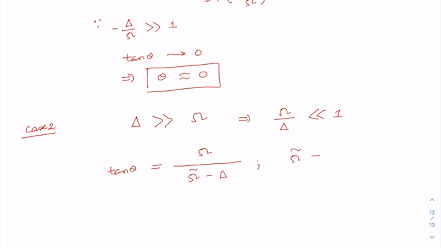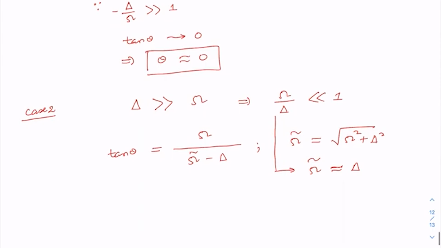Omega tilde is the square root of omega square plus delta square, and because the Rabi frequency is much smaller than the detuning parameter, omega tilde would be nearly equal to delta.